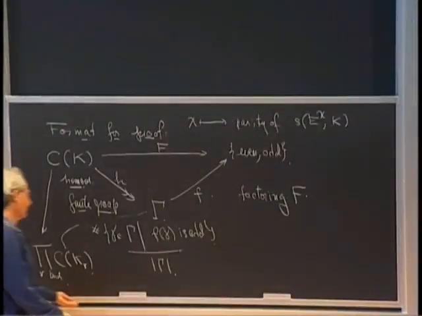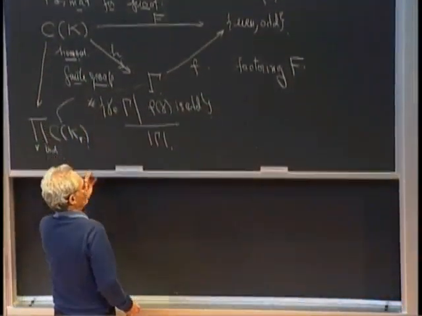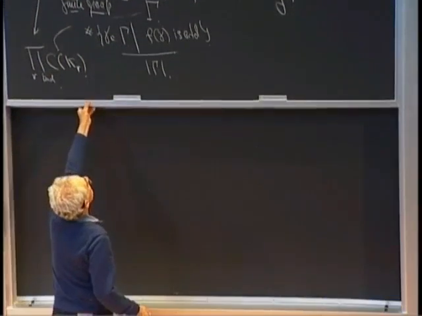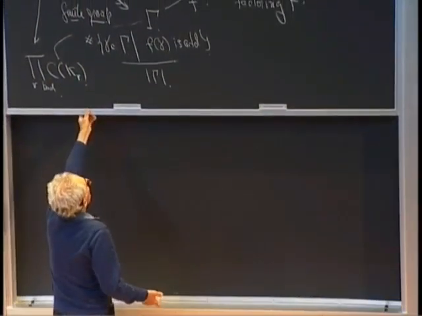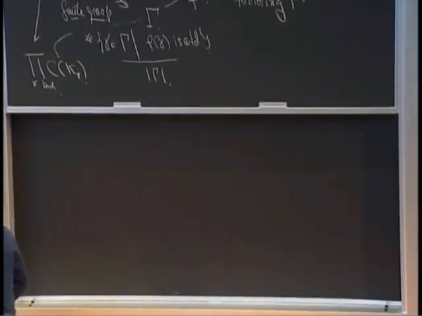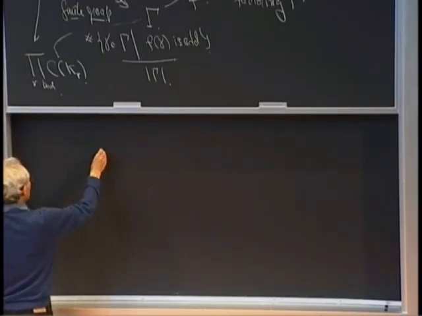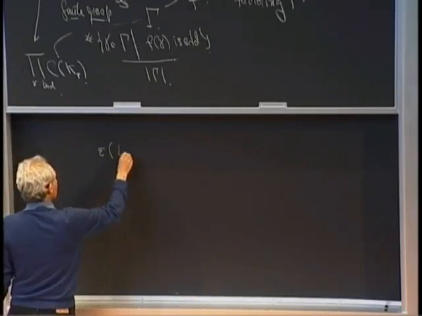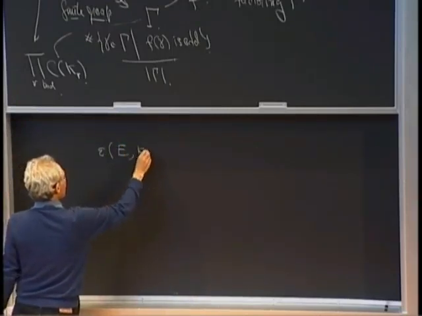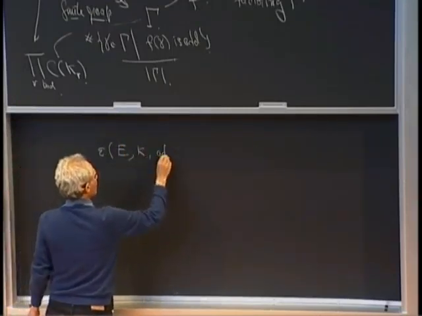And so therefore, once you do this, you should give this a name, and perhaps I'll call this number epsilon of E k odd.